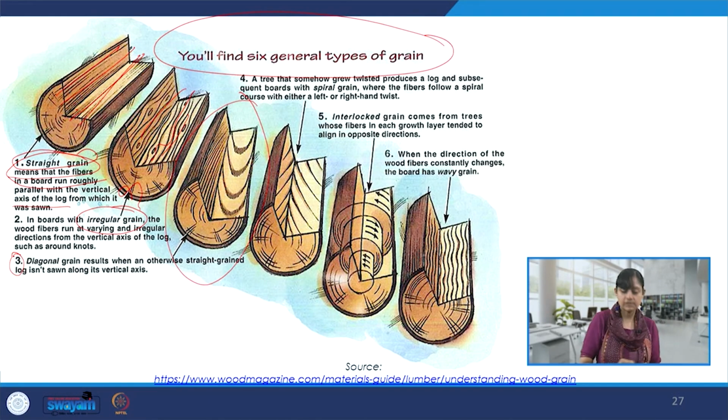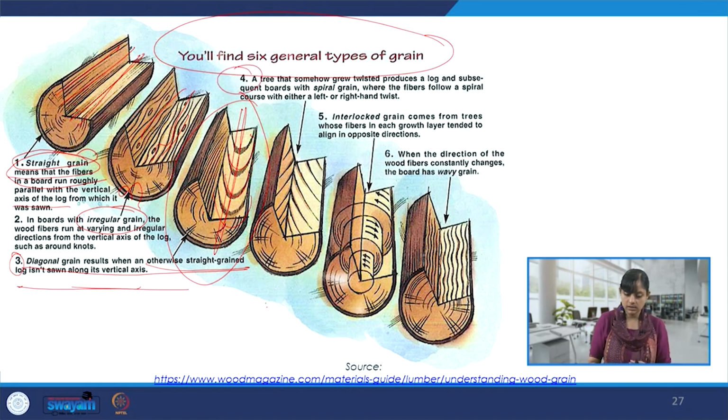This is the third case, where we see diagonal grains. The otherwise straight-grained log, if it is not sawn along its vertical axis, gives us this kind of pattern. So the type of cut sometimes determines how the grain structure looks.